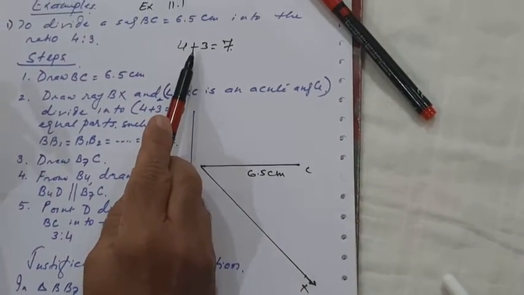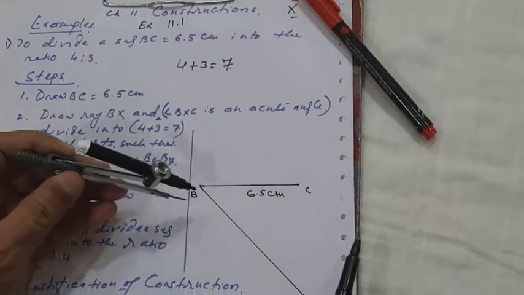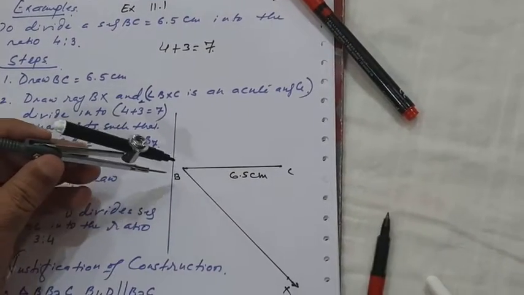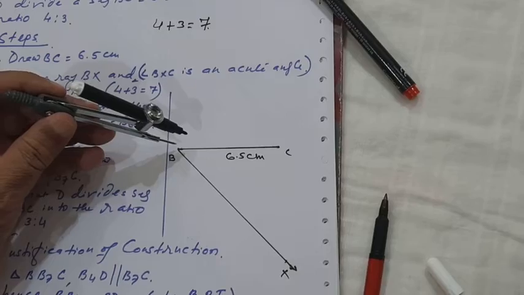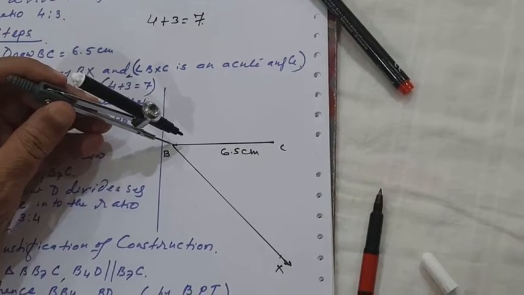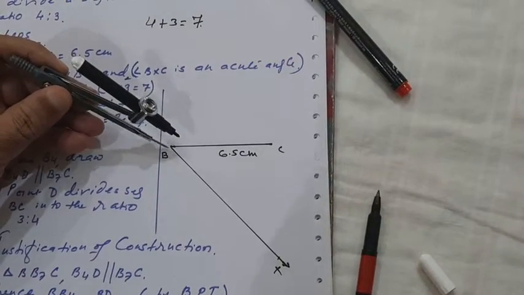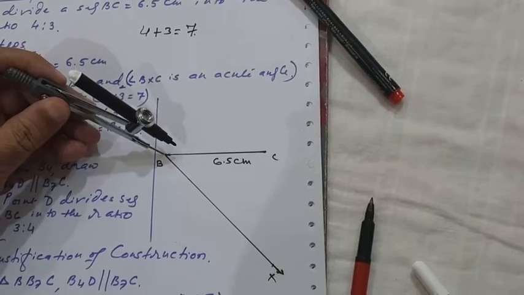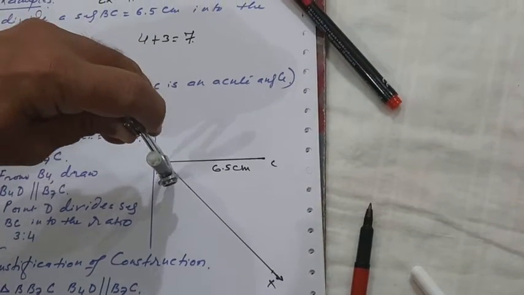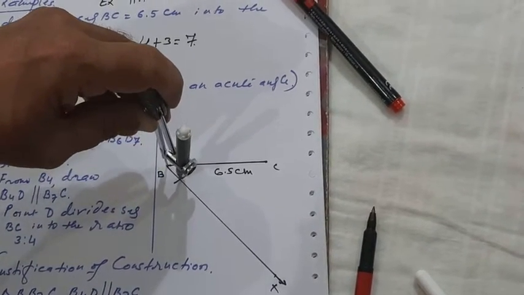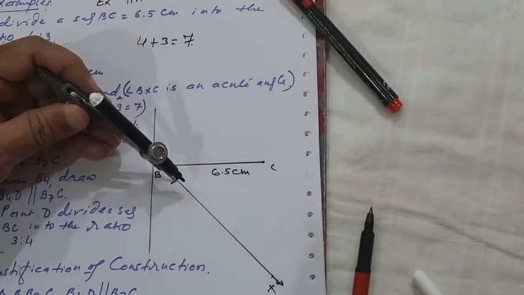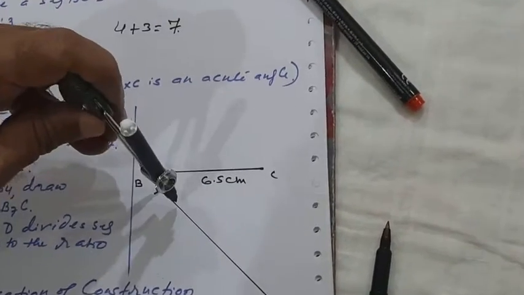That is 4 plus 3 is equal to 7. So we'll take 7 equal parts on ray BX. See this how we can do it. Take the center B and draw arcs. Arc number 1, like that 7 arcs you draw.